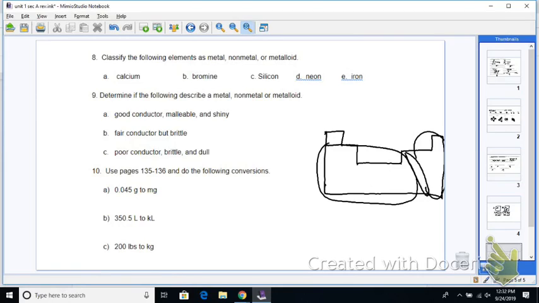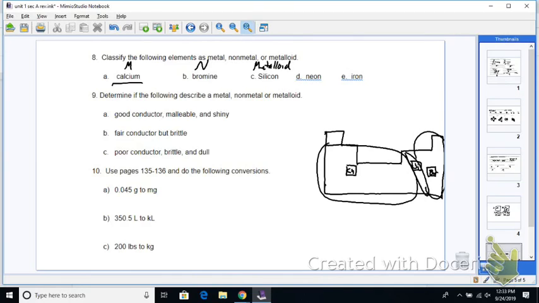First of all, we're going to take a look at calcium. Calcium is located right here. So that's a metal. Next one we have is bromine. Bromine is located right here. So that would be a non-metal. Silicon's right here. So that's a metalloid.